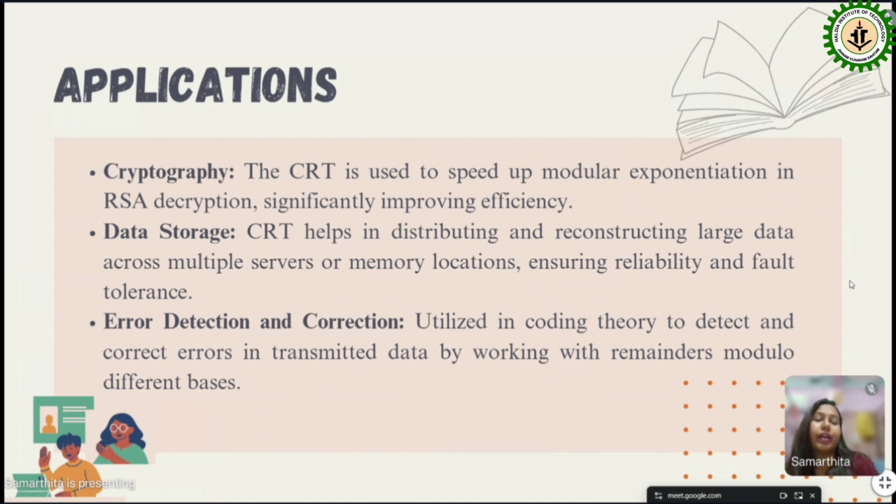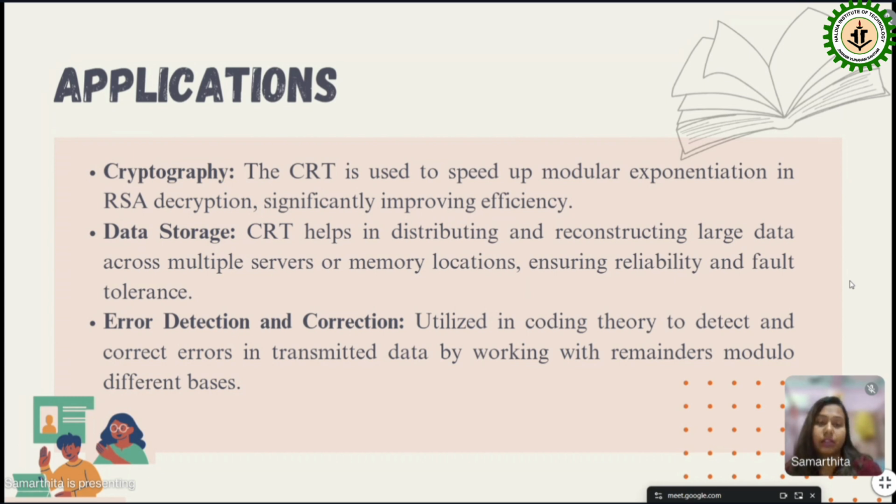And finally, in terms of error detection and correction, it is utilized in coding theory to detect and correct errors in transmitted data by working with remainders modulo different bases. That is the thing we just now visualized, how the remainders differ and how they come in different cases, and this is the crucial value that needs to be used in cryptography in several sections.